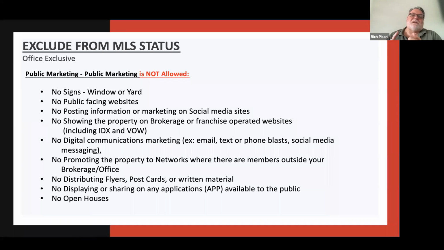So there's no signs, there's no public facing websites, there's no posting information on social media, no showing the property on a brokerage or franchise operated websites, no digital, no email, no text, no promoting the property to networks, no flyers, postcards, no displaying or sharing on any apps, no open houses.